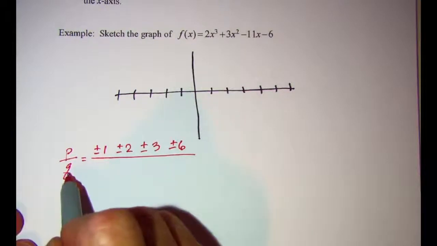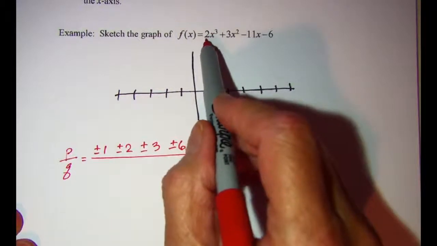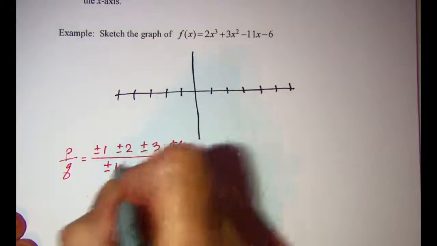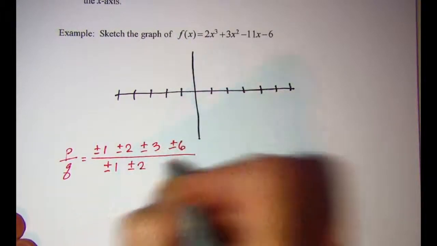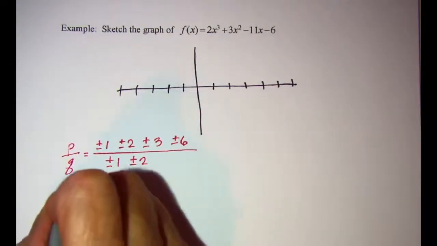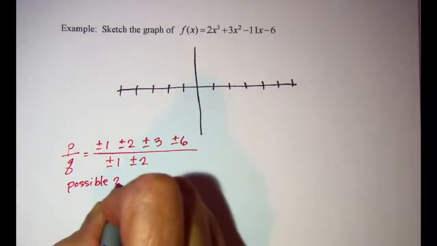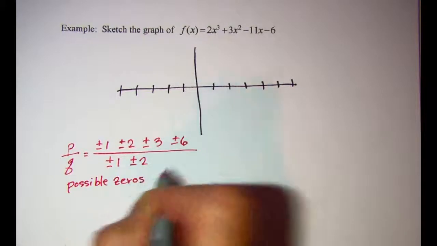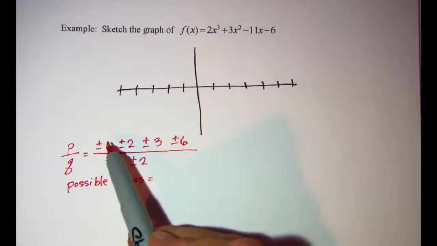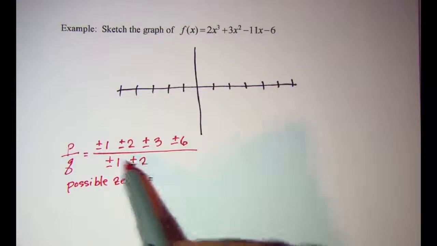The denominator, q, is chosen from factors of my lead coefficient, so I need plus or minus 1 and plus or minus 2. So I can list my possible zeros by taking each of these numbers in the numerator and writing them over each of the numbers in the denominator.